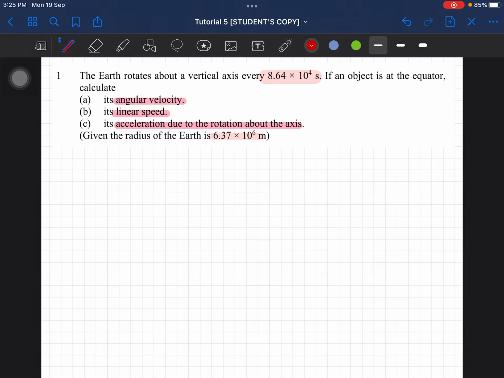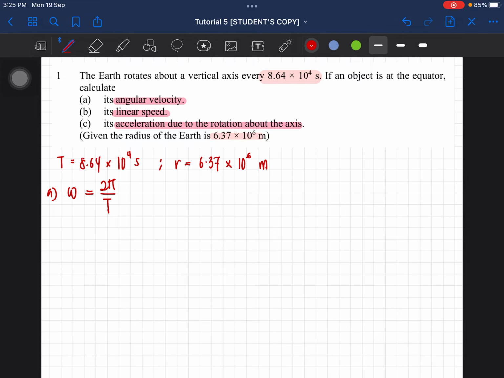Given is the period, which is equal to 8.64 times 10 to the power of 4 seconds. And then we are given the radius of the Earth, which is 6.37 times 10 to the power of 6 meter. So we have to calculate its angular velocity, which is omega equal to 2 pi over T.